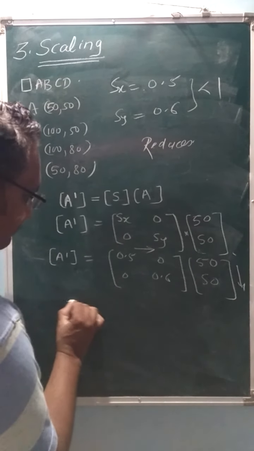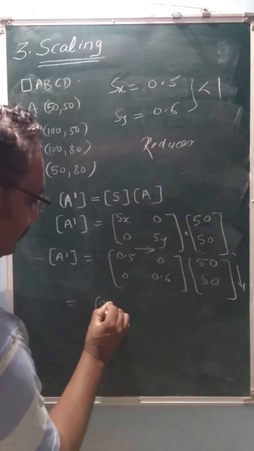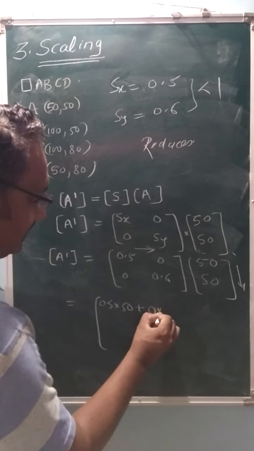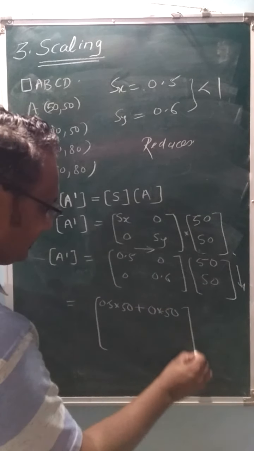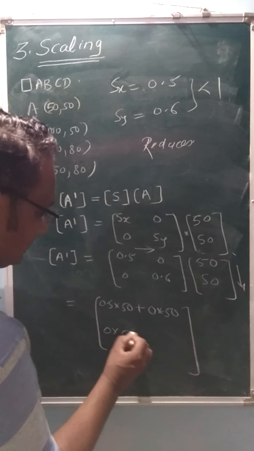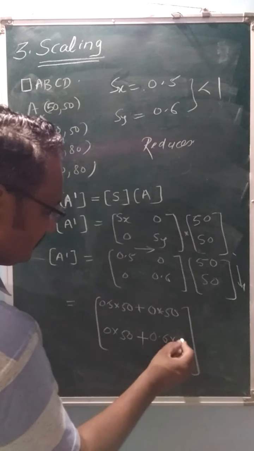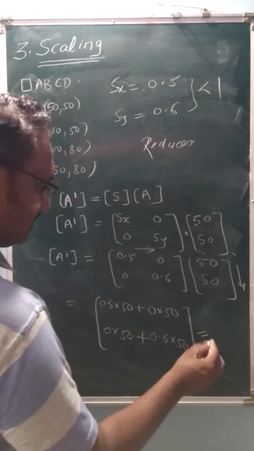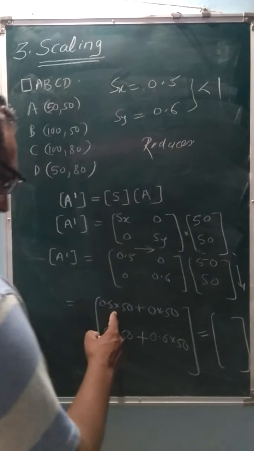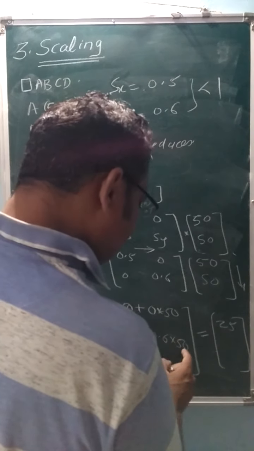Matrix multiplication: 0.5 into 50 plus 0 into 50, and second element 0 into 50 plus 0.6 into 50. So the final coordinates are 25 and 30.